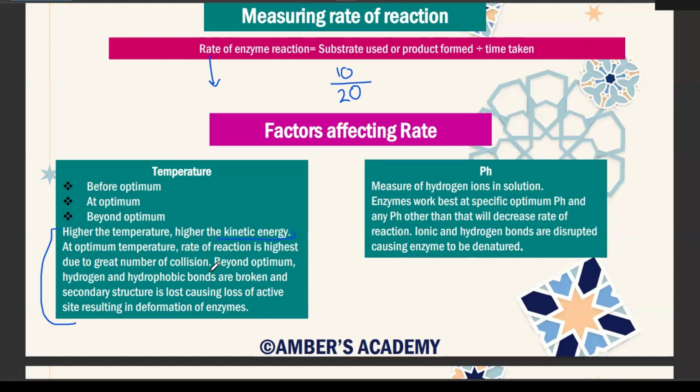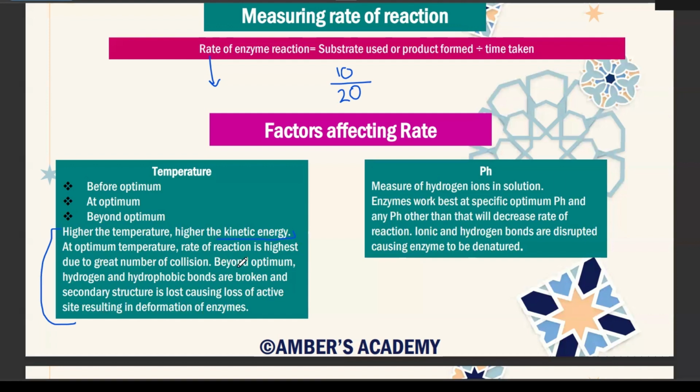And then if we proceed beyond optimum temperature of a particular enzyme, then its hydrogen and hydrophobic bonds will be broken, because we initially studied that enzymes are tertiary in structure, right? And we are also aware that in secondary structure, hydrogen bonds are made. Then we have hydrophobic bonds when your tertiary structure is being made.